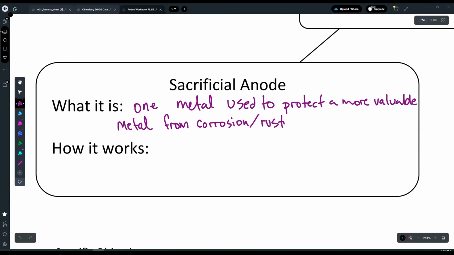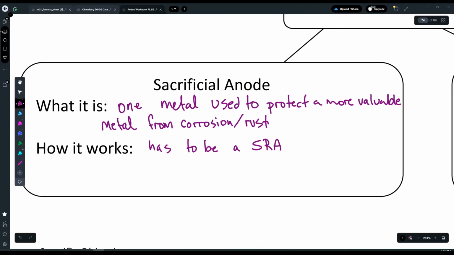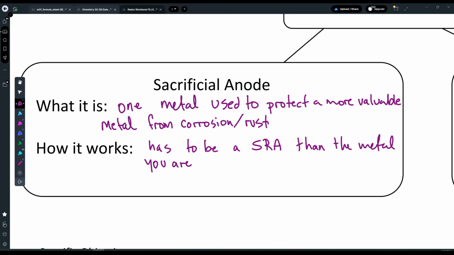Okay, so how it works is the metal that you choose to be your sacrificial anode, so the metal that's going to rust instead of the metal that you're trying to protect, you need to choose a stronger reducing agent than the metal that you're trying to protect.